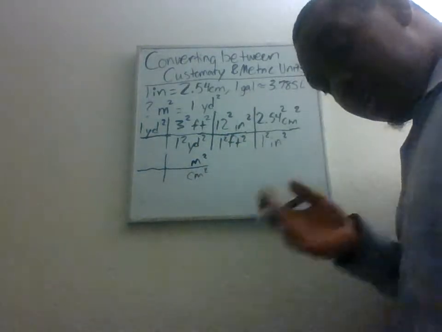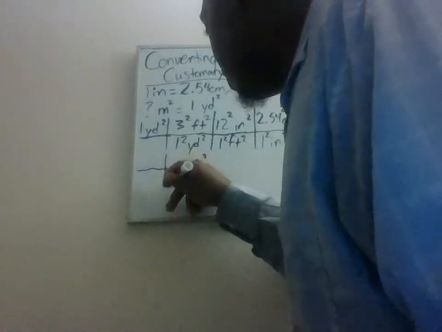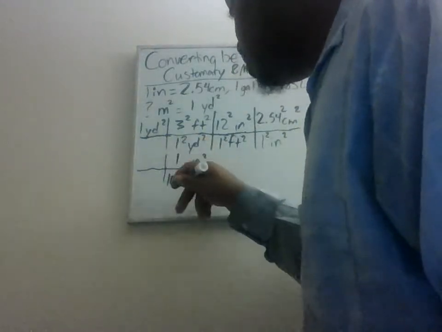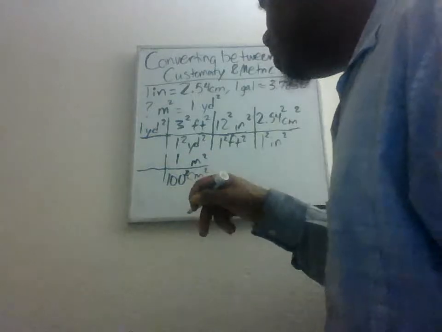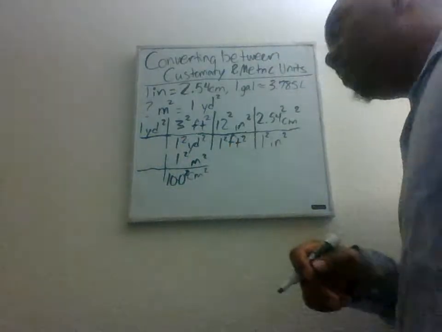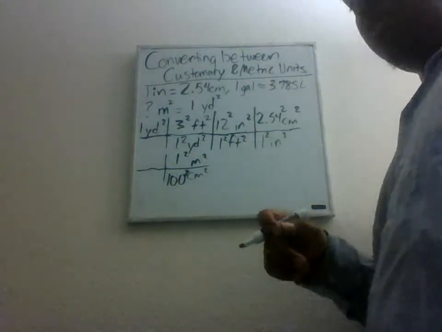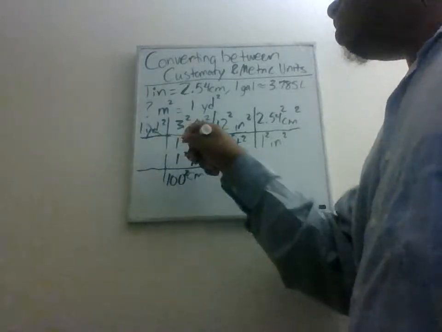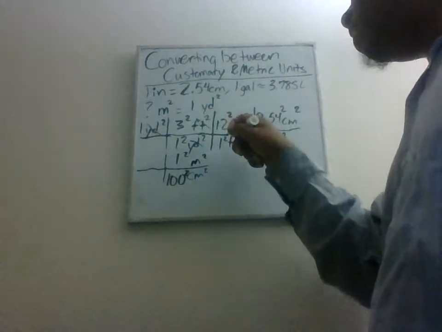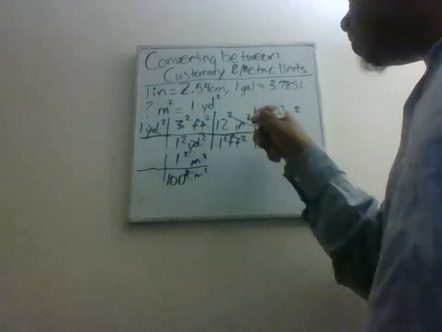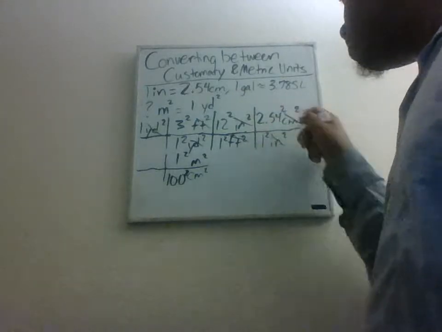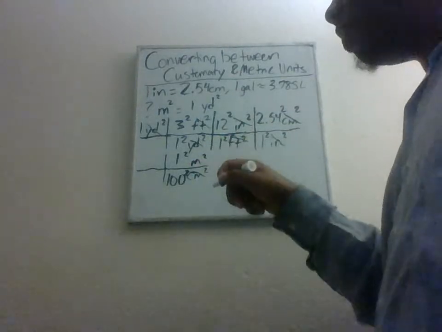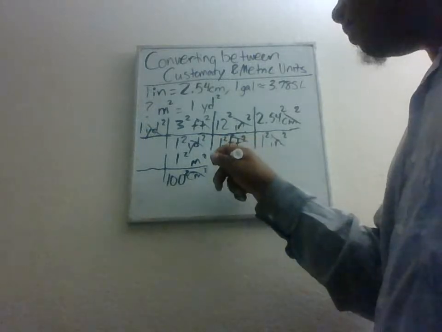How many centimeters are in a meter? We just did this. There are 100 for every one, so there will be 100 squared in the denominator, 1 squared in the numerator. So just to check our mapping, yards cancels with yards, feet squared cancels with square feet, square inches cancels with square inches, square centimeters cancels with square centimeters. We're left with square meters.